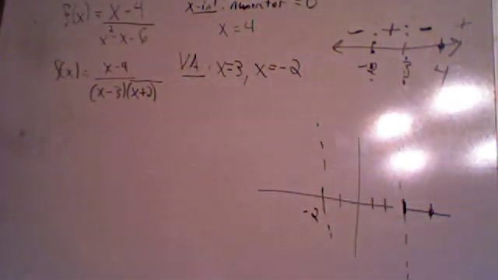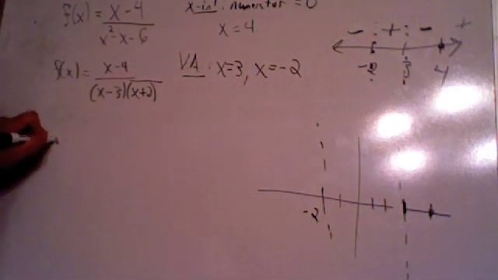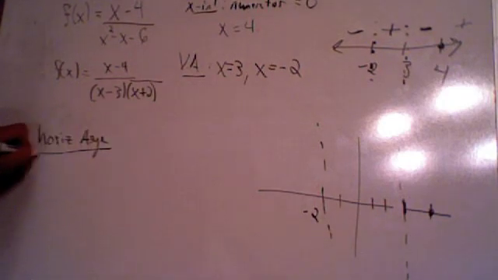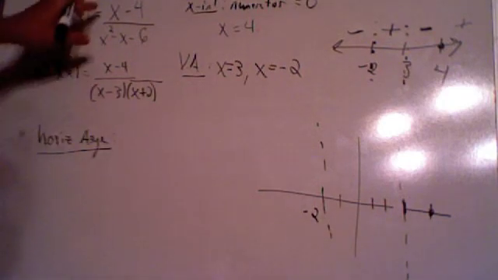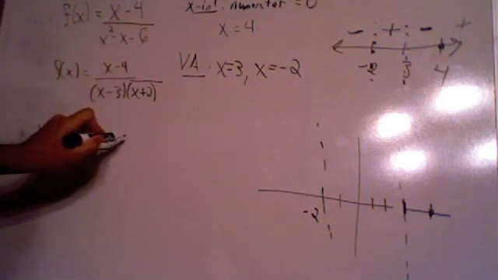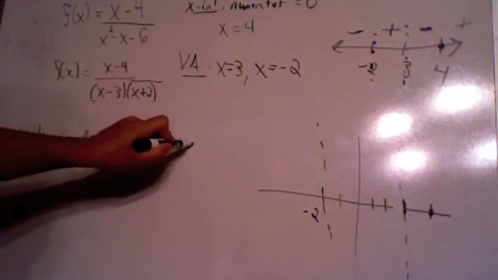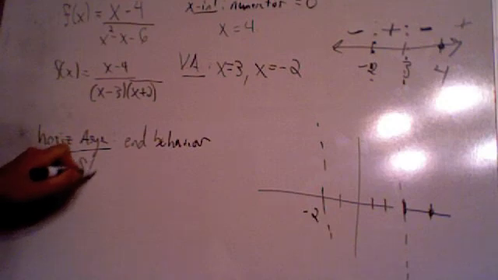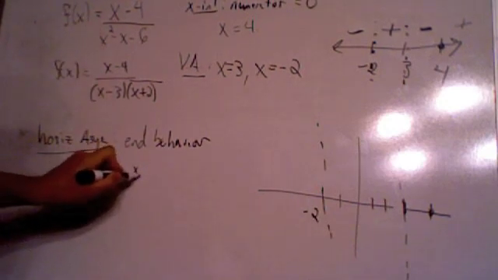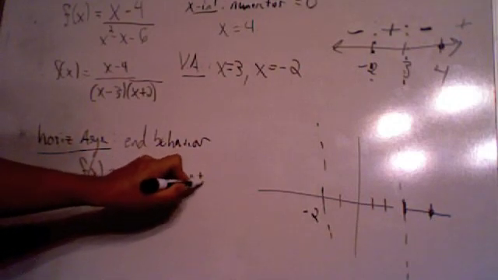Now, what we want to do finally is figure out what the horizontal asymptote is. The way we did that was we figured out the leading term on the top and the leading term on the bottom. So the end behavior says that f of x acts like the top leading term divided by the bottom leading term as x goes to plus and minus infinity.